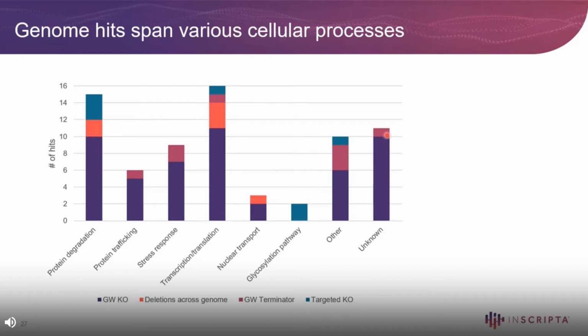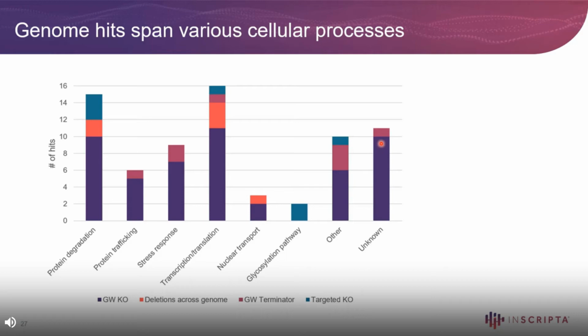And interestingly, we identified 11 hits from these strategies that were genes of basically unknown function. This was pretty exciting to us because this unbiased, untargeted strategy allowed us to pull out genes of unknown function, which you likely would not target through some sort of rational library building strategy.